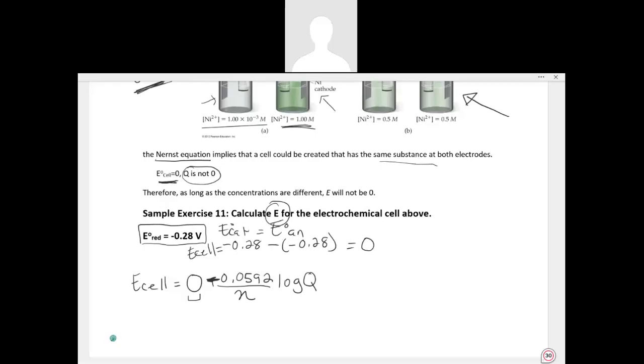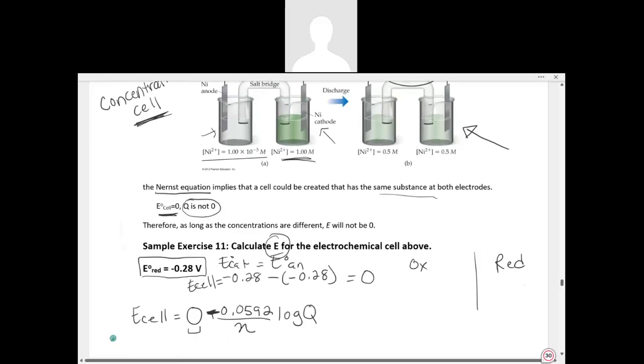First we need to figure out what's our oxidation and what's our reduction reaction. How do we know? We're given some concentrations above, but we're not given the equations. At our cathode, where we would see our reduction, our nickel is going from Ni2+, gaining 2 electrons, and then we would have solid nickel.